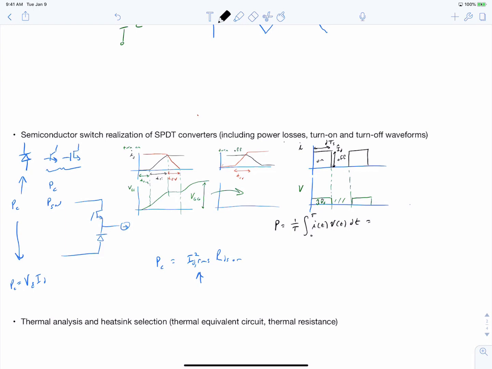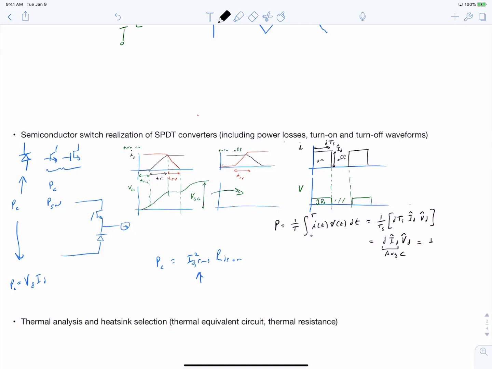If we evaluate this integral, we can see that this is going to give us 1 over T times D Ts times I hat D times V hat D, which is in fact equal to D times I hat D times V hat D. This quantity right here is just our average current.